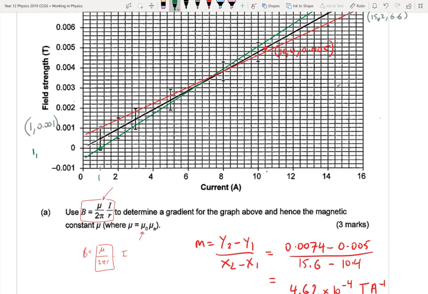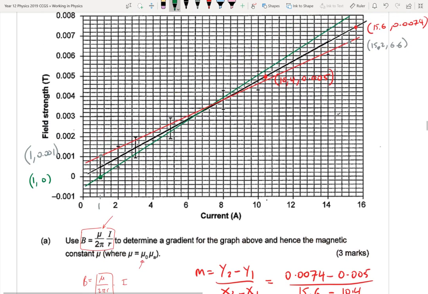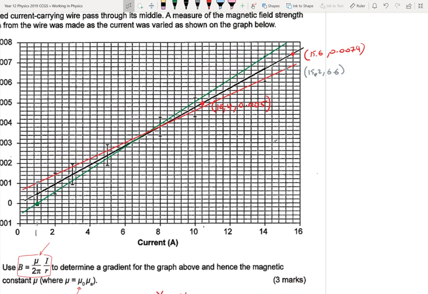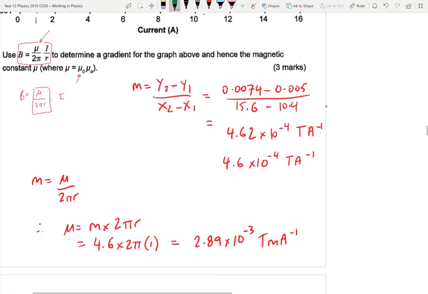The first one is actually 1, 0. If you choose that first error bar, its coordinates are quite nice, x and y. But everywhere else is a little bit nastier. 15.2, comma, all the way to the top, 0.008. All right.